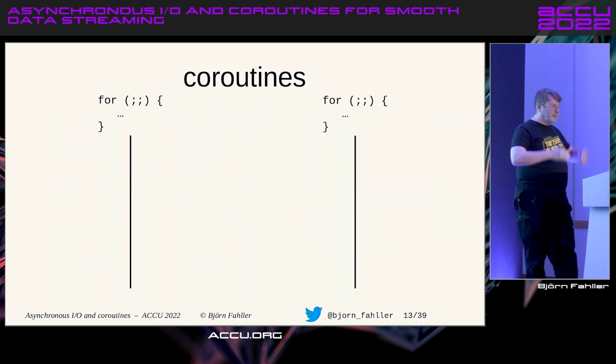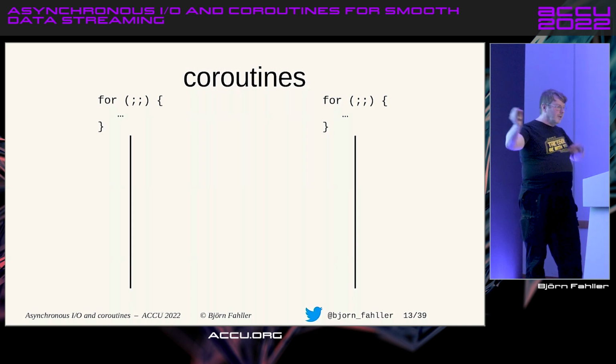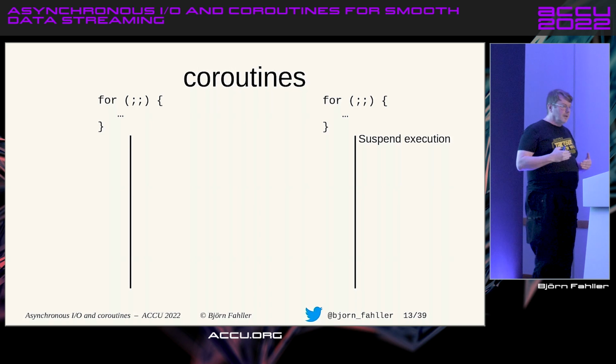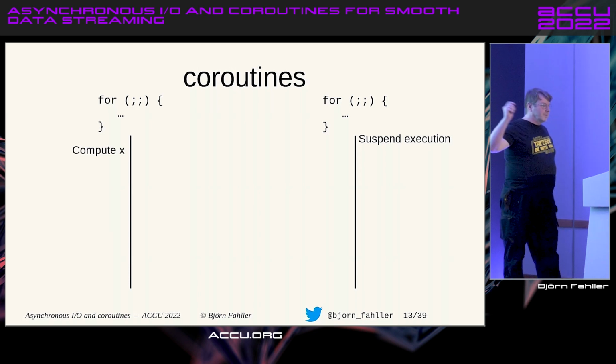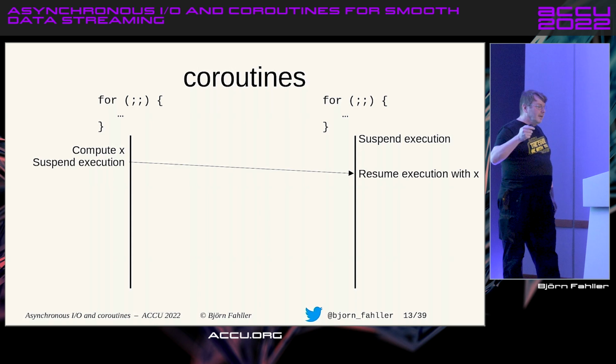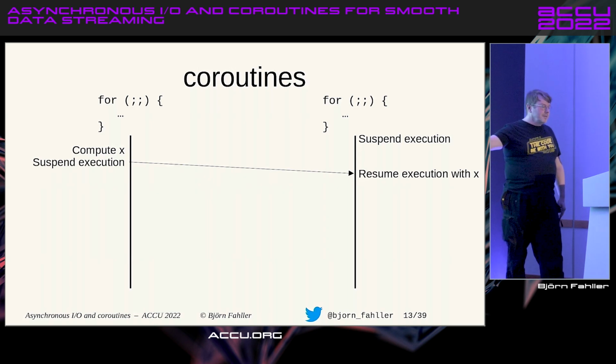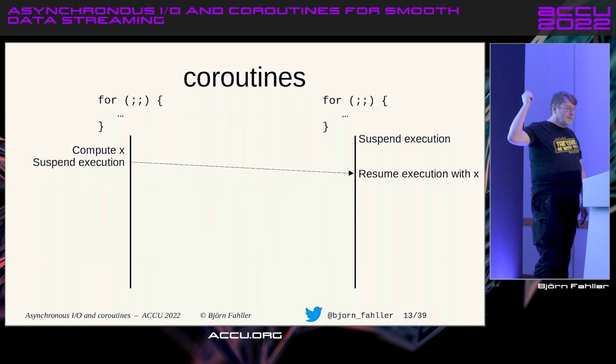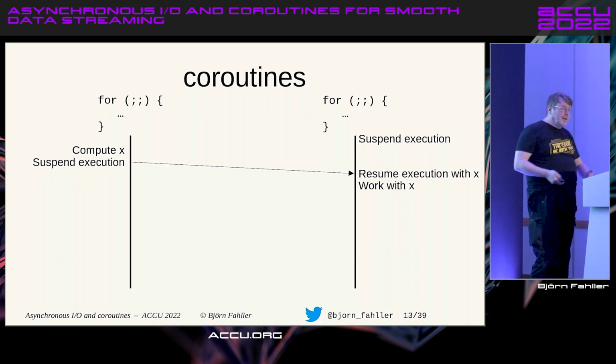So what happens is, here we have 2 coroutines, the right and the left. We can have the first one, the one on the right, suspended, just waiting for something to happen. The one on the left is computing some value x. And then it suspends its execution, hands it over to the right-hand side, which can be resumed with this value x, do something with it.